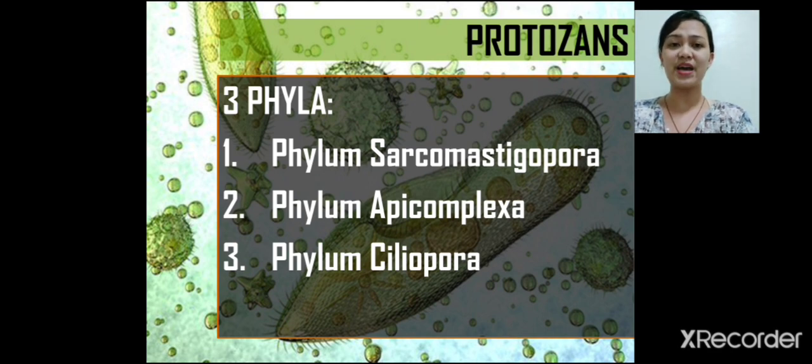Protozoans can be classified into three phyla: Sarcomastigophora, which includes organisms with pseudopodia and flagella; Apicomplexa, organisms that reproduce through spores; and finally, phylum Ciliophora, which is characterized by their hair-like structures known as cilia as their locomotory organs. Okay, so that is all for the preview of our lesson 4, which is all about protozoans.